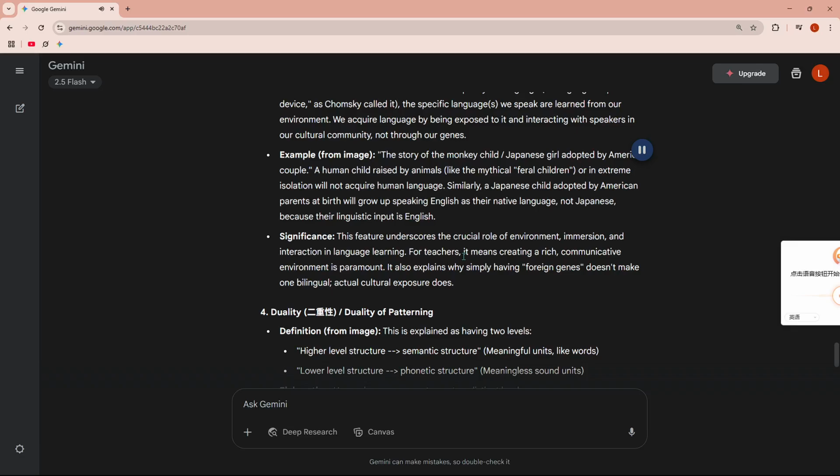Significance. This feature underscores the crucial role of environment, immersion, and interaction in language learning. For teachers, it means creating a rich, communicative environment is paramount. It also explains why simply having foreign genes doesn't make one bilingual. Actual cultural exposure does.